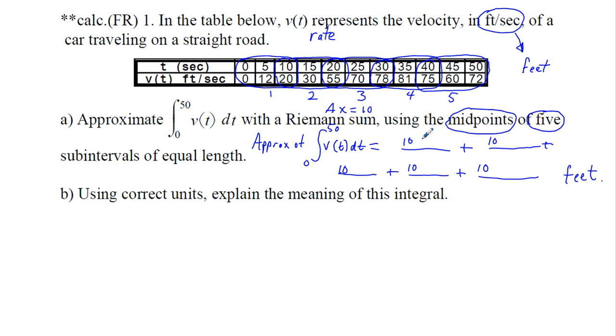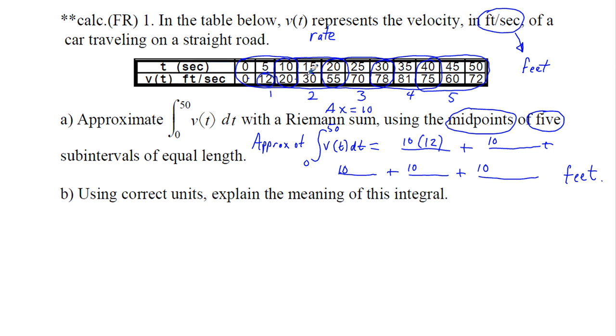And then what we're going to do for midpoint is find the mid value. So our left value would be 0, our right value would be 20, but our mid value for this subinterval is 12. Put 12 here.